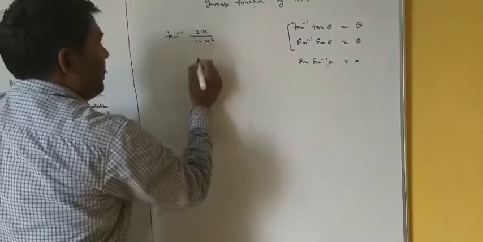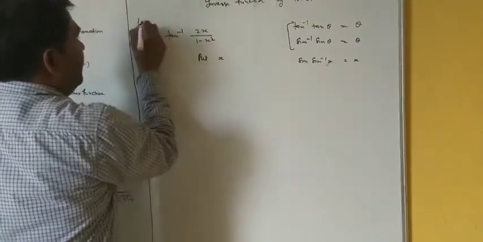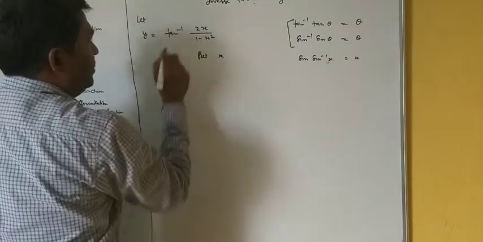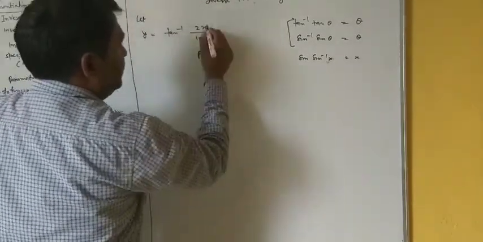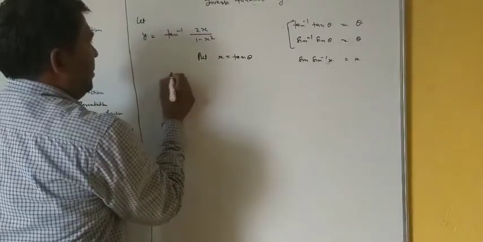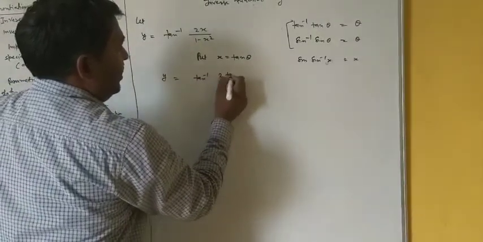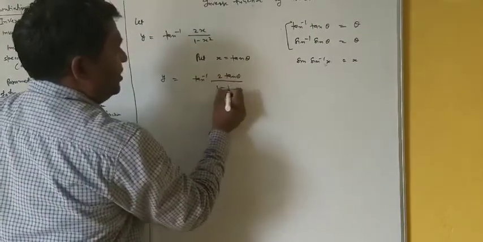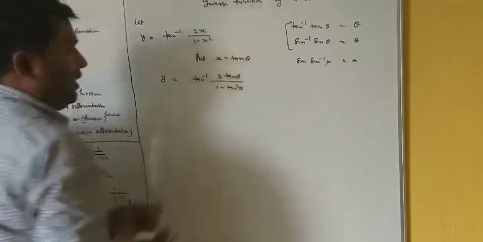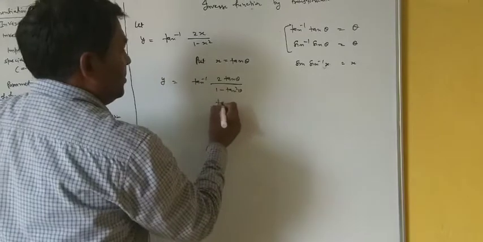And here see, let y be equal to this. Putting x equal to tan theta, what do you get, just see. Then this is tan inverse of 2 tan theta upon 1 minus tan square theta. As you know, 2 tan theta upon 1 minus tan square theta is tan 2 theta.